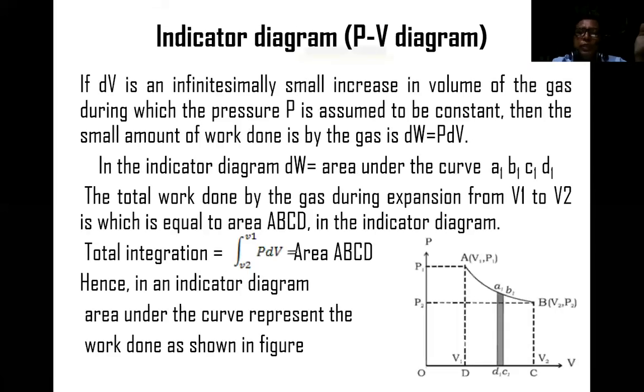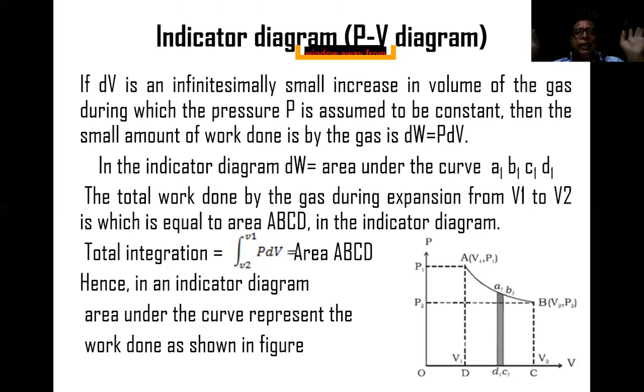See this figure: volume is on the x-axis and pressure is on the y-axis. ABCD is the first working area, and then A dash B dash C dash D dash is the second working area. If dV is the infinitely small increase in volume of the gas during which the pressure P is assumed constant, then the small amount of work done by the gas is dW is equal to PdV.